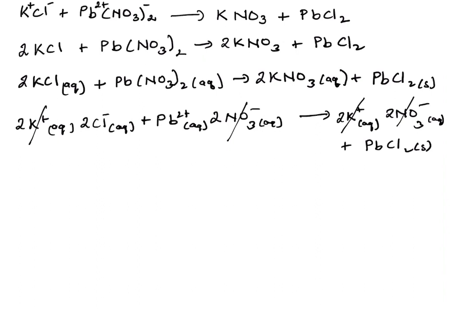So we have 2Cl minus, then we have Pb2 plus, and then we have the product, that is PbCl2. So let's write the net ionic equation.